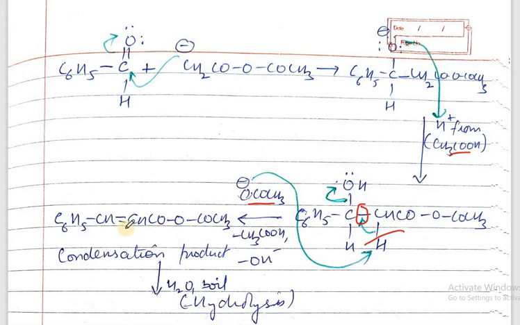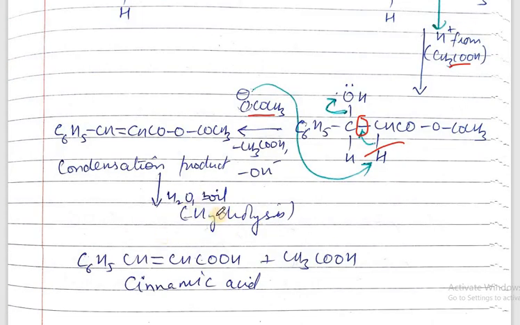So we get the alpha beta unsaturated condensation product, and upon hydrolysis these two carbons remain as such and form acid, and then again these two carbons give the acid. So we get the alpha beta unsaturated acid as the final product in the Perkin reaction.